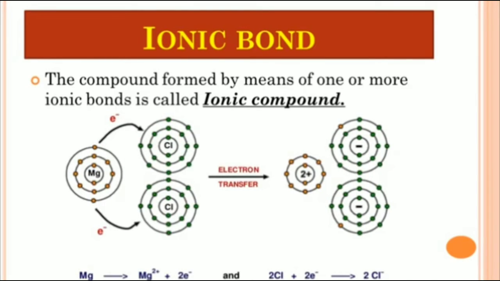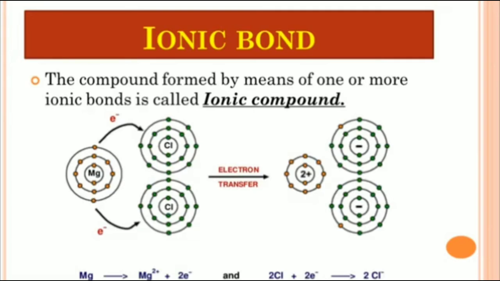Now look here children, we have seen one example. Here the magnesium atom is losing two electrons, and here we can see two chlorine atoms accepting these electrons.